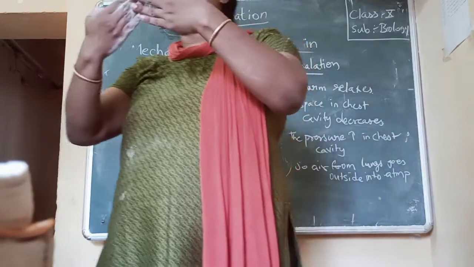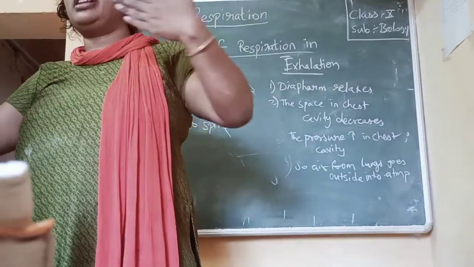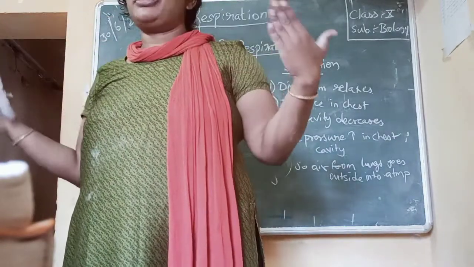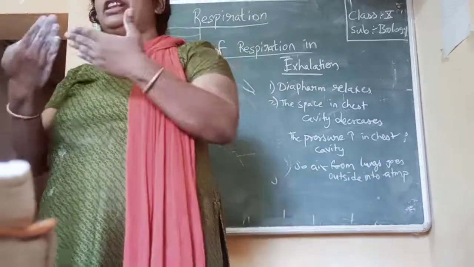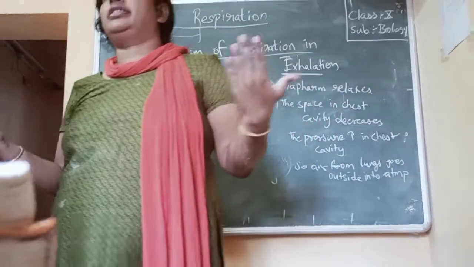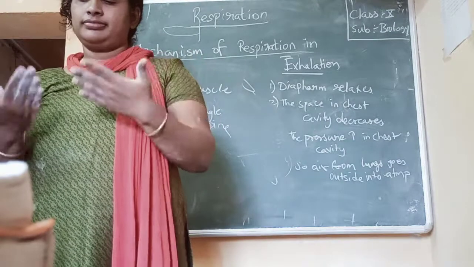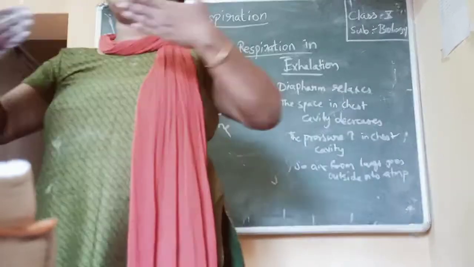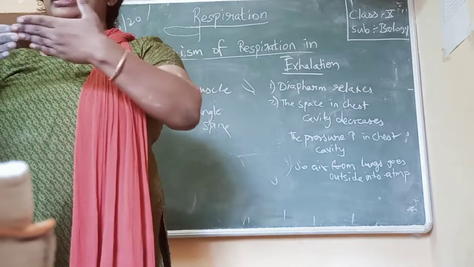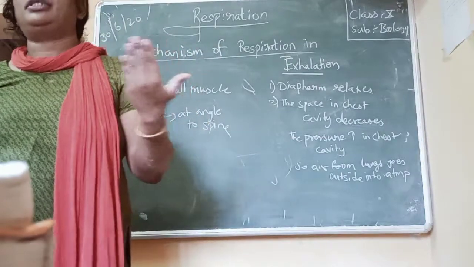When we are inhaling, the rib muscles come nearer to each other and slide upon one another, and when we are exhaling, they move far from each other.